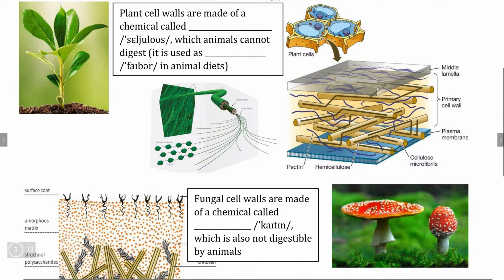Now, because they are distinct organisms, their cell walls are actually different structures as well. For example, plants have a sugar-based cell wall, which is made out of a complex type of sugar molecule called cellulose, whereas fungi rely on a different molecule also based on sugar, which is pronounced chitin.